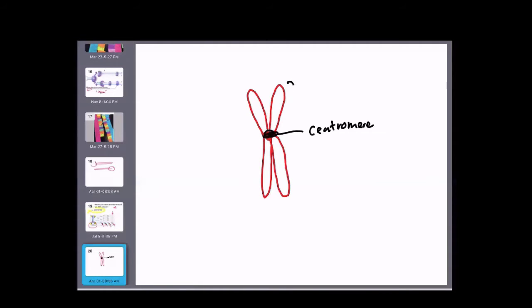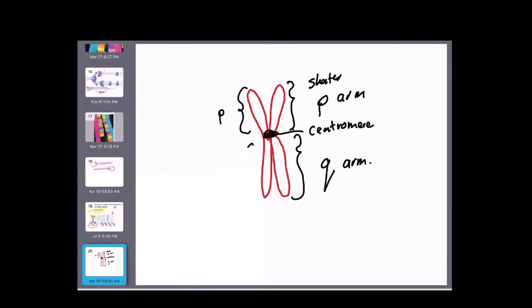The part above the centromere, which is the shorter side, is called the P arm. So these will both be P arms. And the part that is longer is known as the Q arm. So this side is going to be the Q arm.